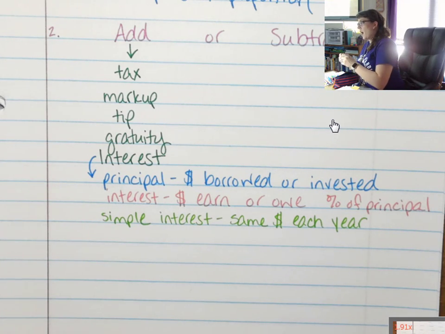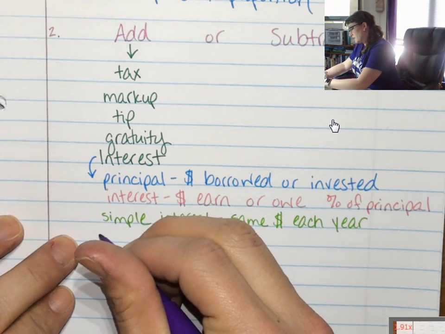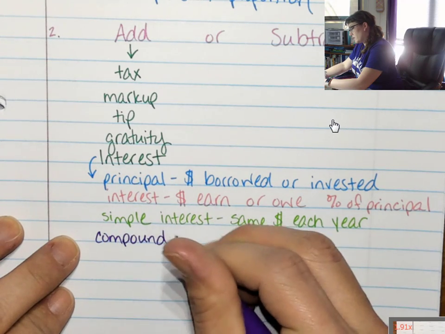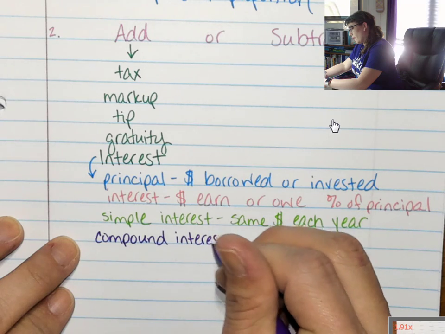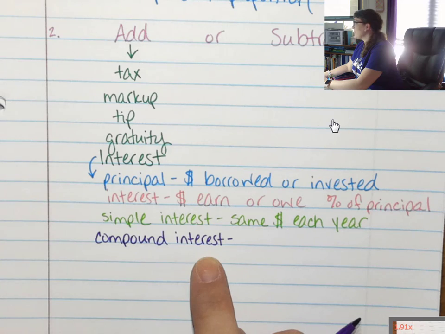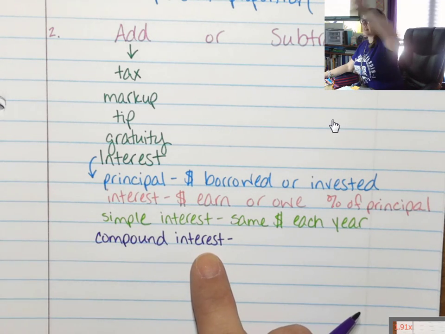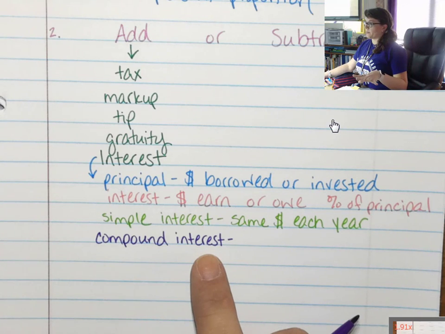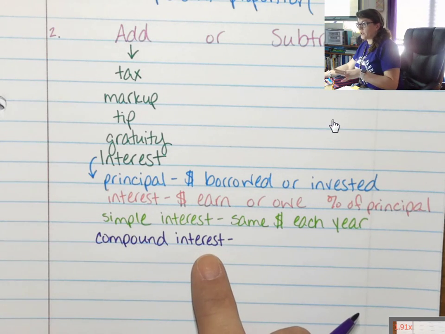The other one is compound interest. This one, the interest is recalculated every year. So you earn some interest, it gets put back into your principal, then you recalculate interest, that money gets put back into your principal, then you recalculate interest, and then that gets put back into your principal.